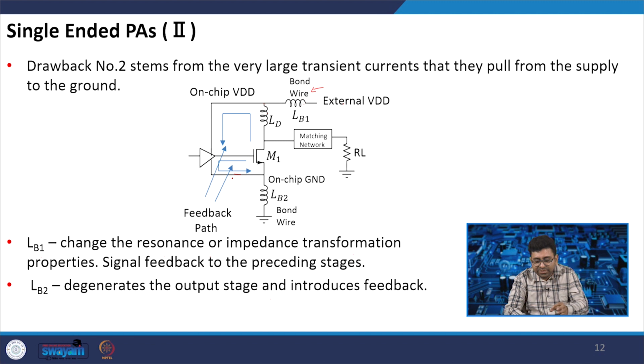So, because it is single ended, the common mode effect will also come at the power amplifier, and we cannot neglect that in the single ended power amplifier. So, what is the solution? We can use a differential power amplifier.